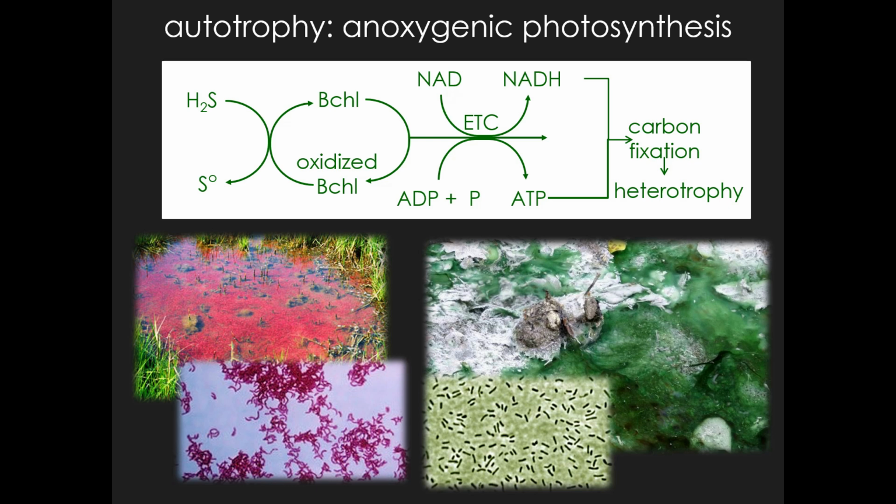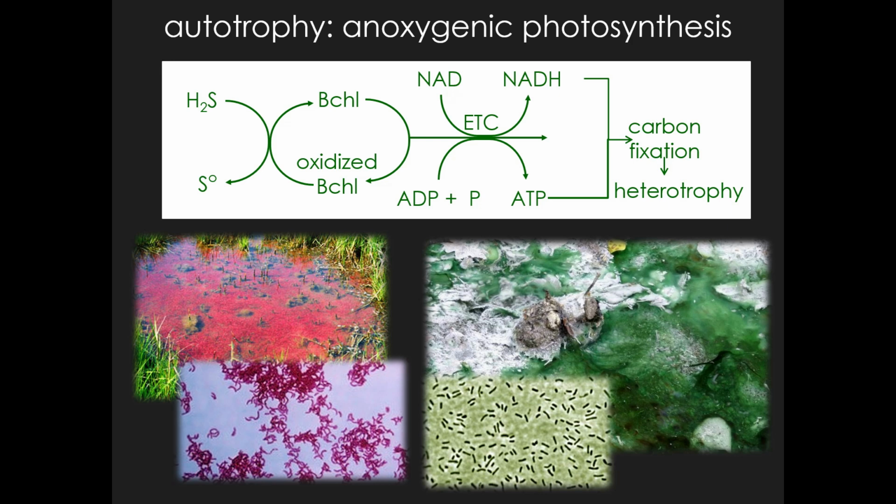And we don't care about the sulfur, just like we really don't care about the oxygen, we care about the electrons, which are donated to bacterial chlorophyll, which becomes excited by the sun, enough so that it's able to donate those electrons through the electron transport chain, right, which creates ATP, and then of course the electrons are kept and they are used for carbon fixation, and then that is used to fuel heterotrophy.